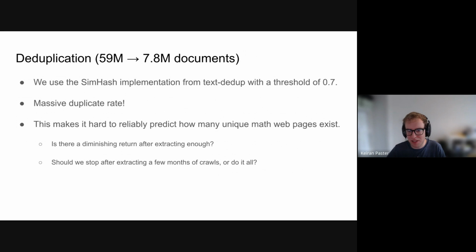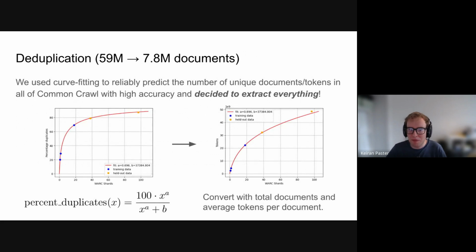To solve this, we came up with something pretty interesting: we try to make scaling laws here as well. We use curve fitting to predict the number of unique documents in Common Crawl after extracting the whole thing, based just on the first few shards.